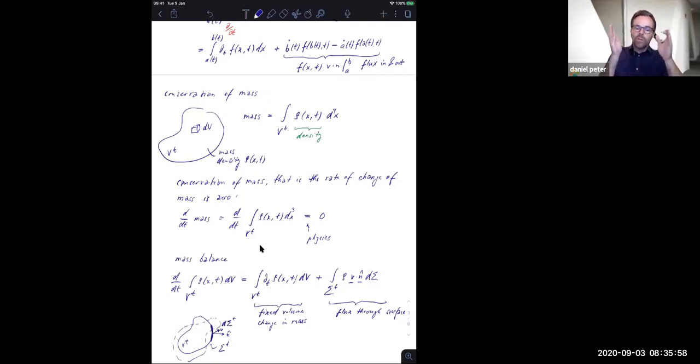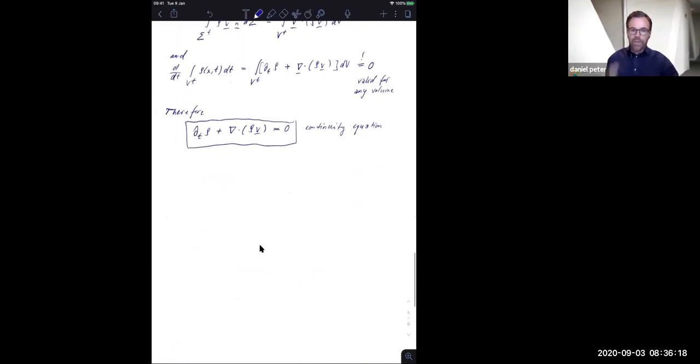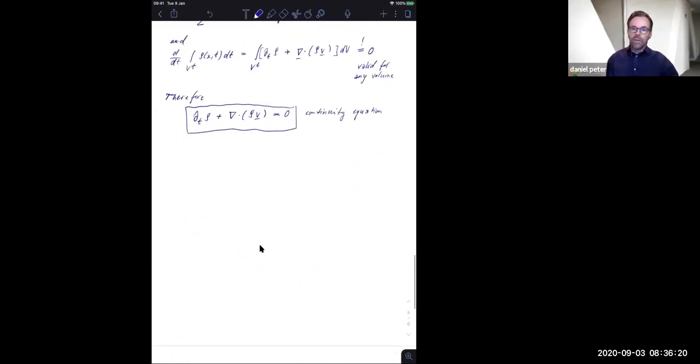Eulerian description means our reference frame is fixed and we look at how these things move in our reference frame. Or the Lagrangian description is we move along with that little parcel and look at how the quantity changes when we move with it. So that's what we want to do now. The expression that we wrote down is from a Eulerian point of view.